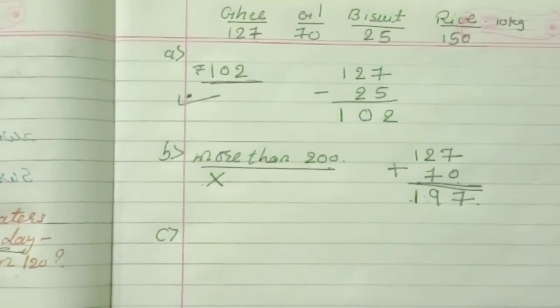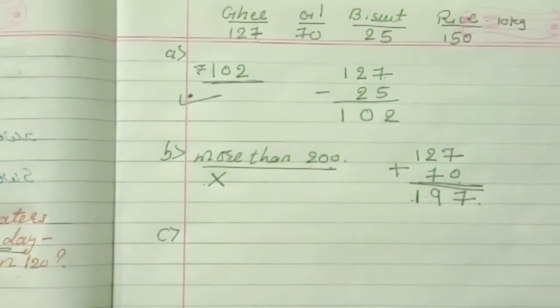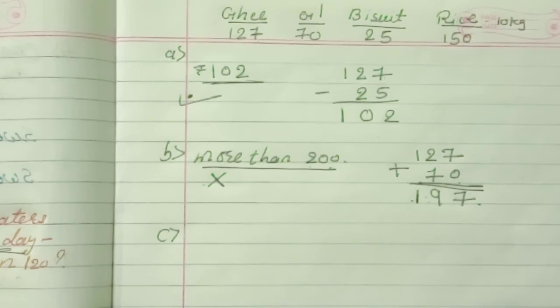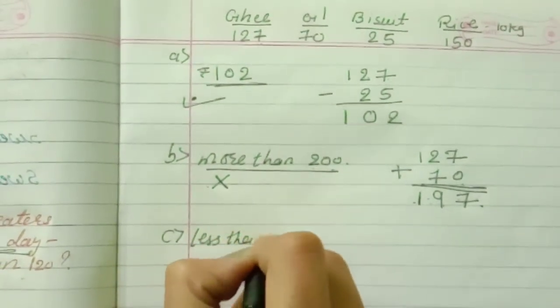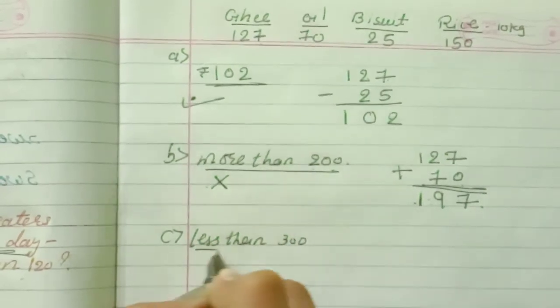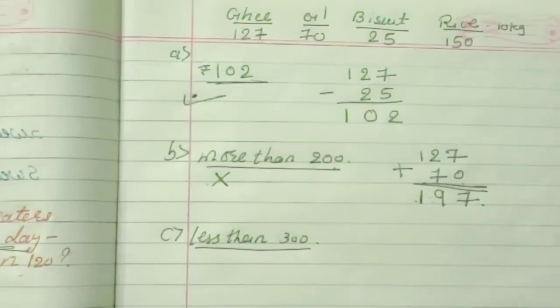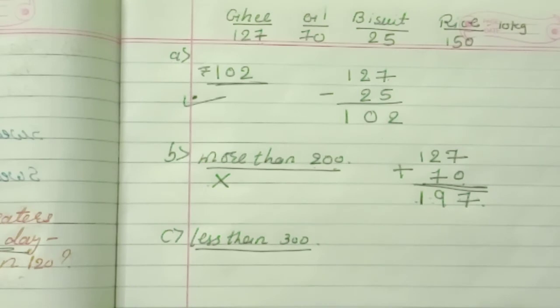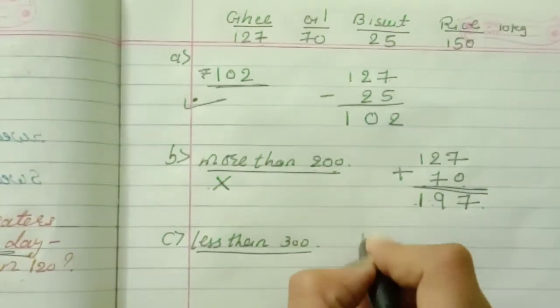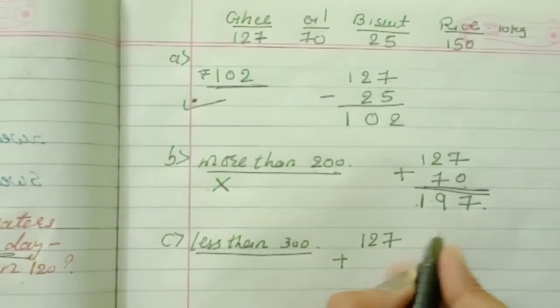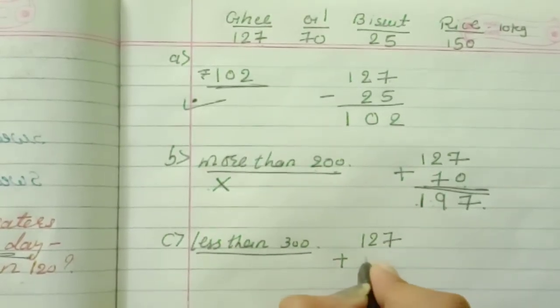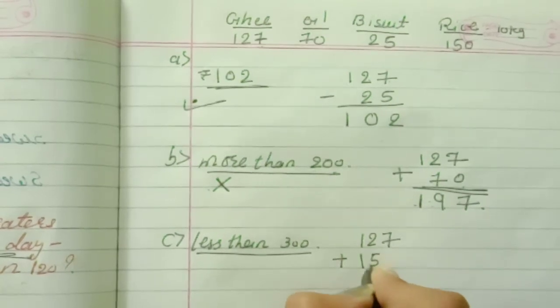C number. The price of ghee and 10 kg rice is less than 300. Is it less than 300 or not? That we will check. The price of ghee is 127 and 10 kg of rice is 150.